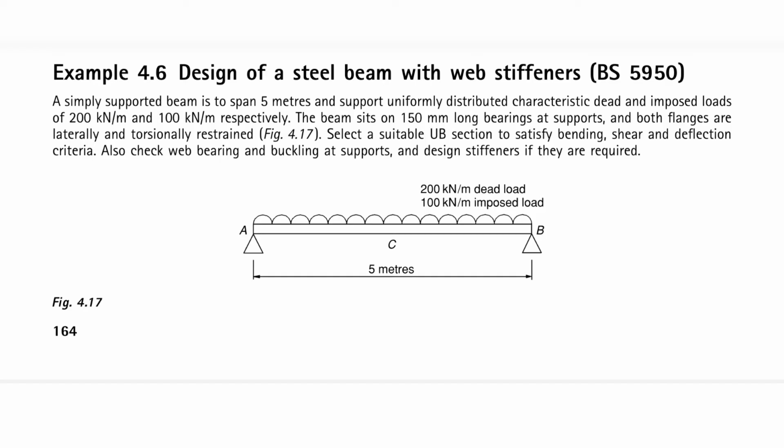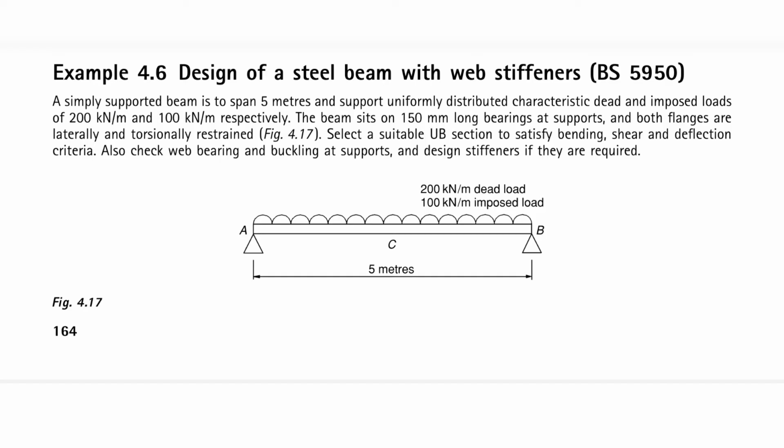Select a suitable UB section to satisfy bending, shear, and deflection criteria. Also check web bearing and buckling at supports and design stiffeners if they are required.